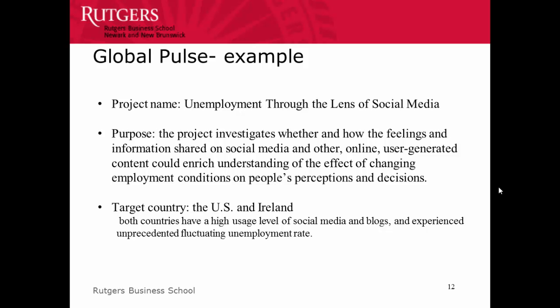The standard deviation of unemployment rate is very high. So this project is trying to see if they can predict or know in advance the unemployment rate through the lens of social media.